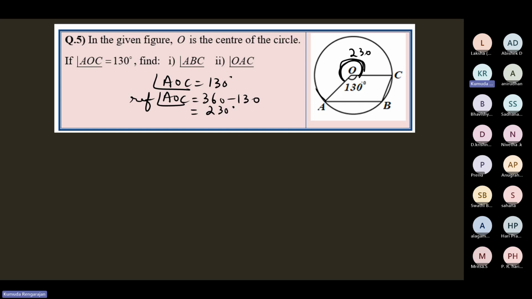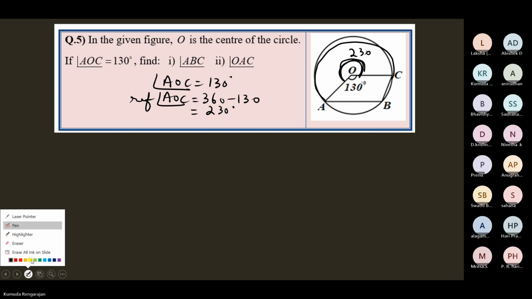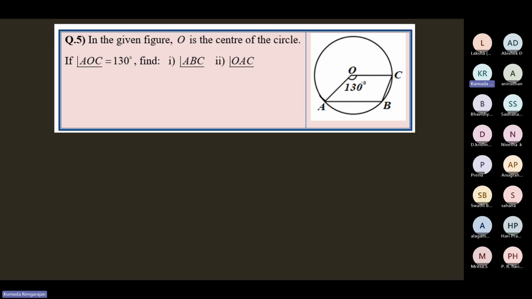Now the major arc AC subtends angle AOC, the reflex of angle AOC, at the center. See, I told you the angle will go in the direction of the arc.